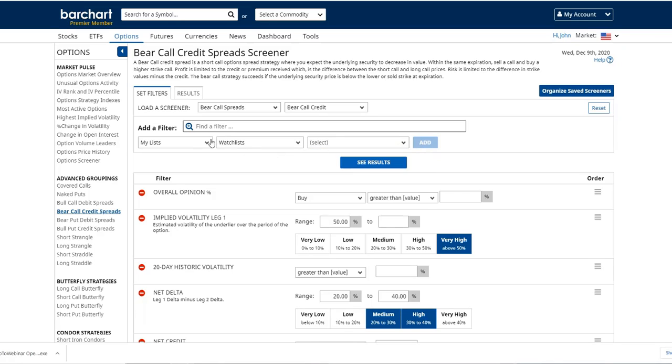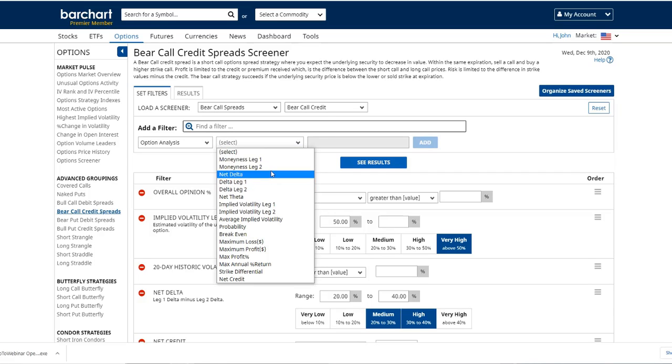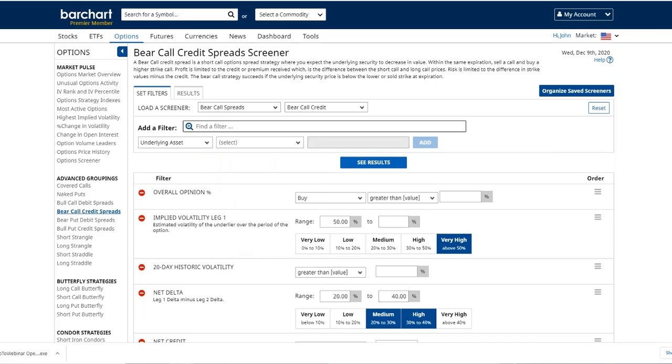So I think it's really important for folks to understand that a lot of the information I've given you today is really just a guideline or guidance to help you narrow down our candidates. But if there is something very particular to you, for instance, your moneyness or your net delta, your max profit, your strike differentials, your credits, the underlying asset, right?